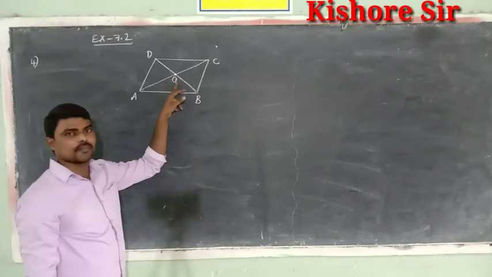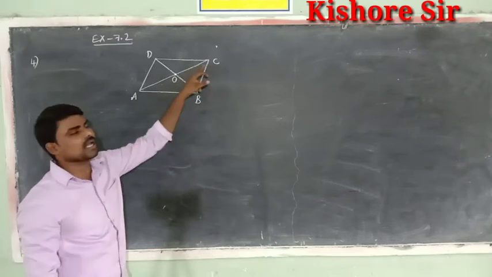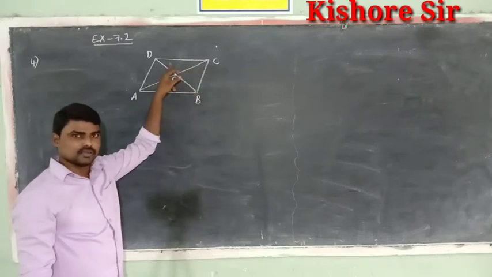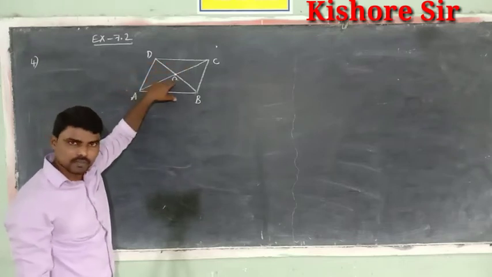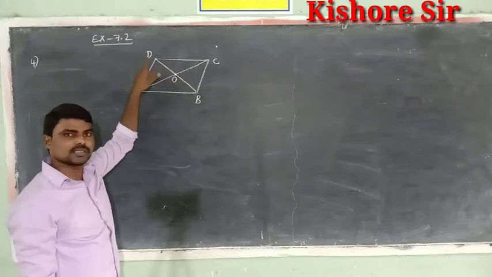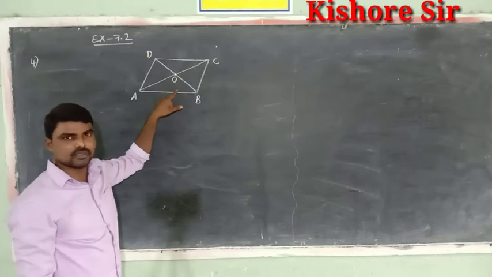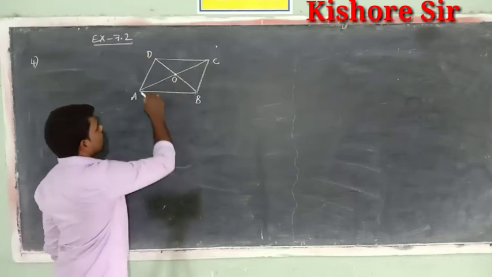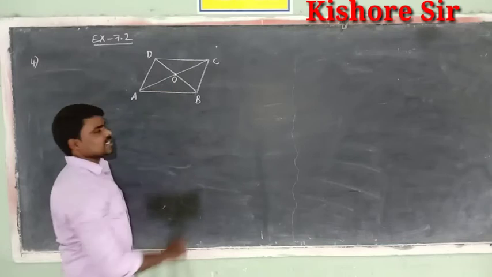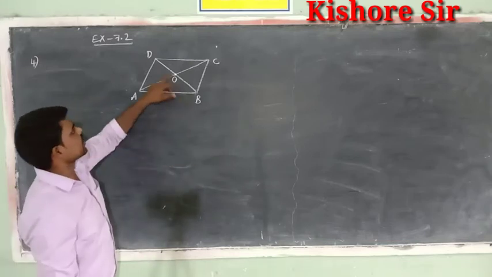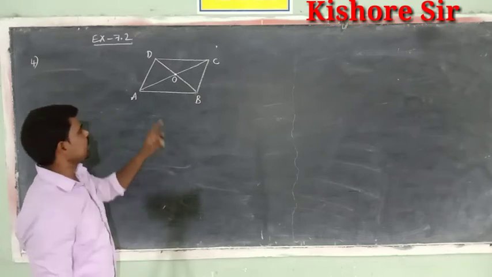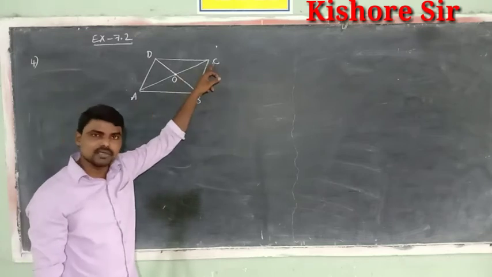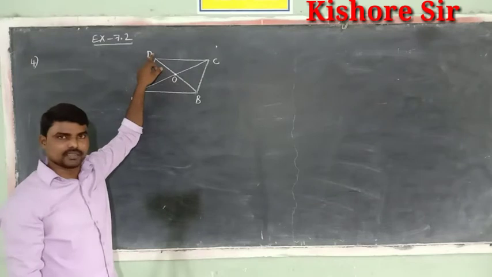So the midpoint of AC and the midpoint of BD are equal. What is the condition? Midpoint of AC is equal to midpoint of BD.